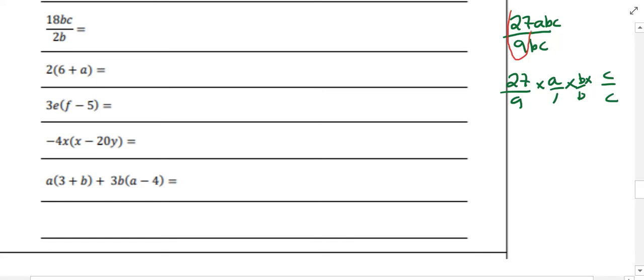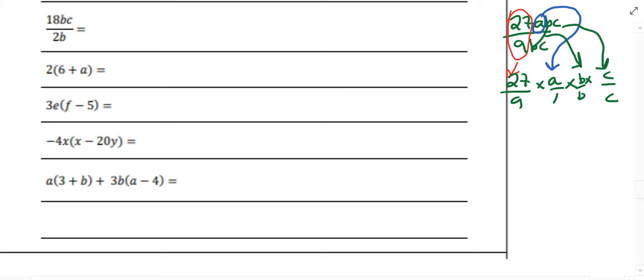This here is written here. The A's is written there. The B is written there. That's a multiplication sign, and the C is written there.